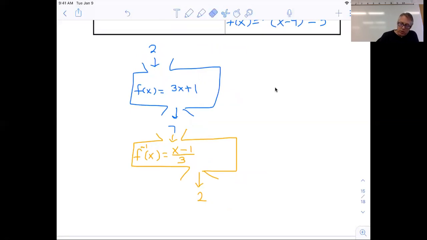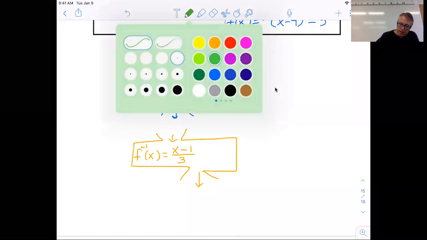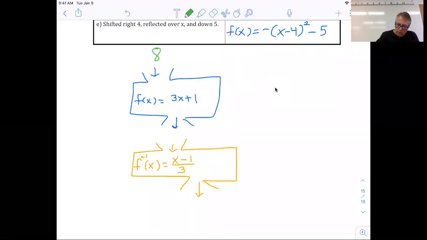And the nice thing about functions and inverses is that they work for any number. So I'll pick another number out of the air. 8, okay? So it comes into the first function. 8 times 3 is 24, plus 1 is 25. Then that 25 is going to drop into this function.